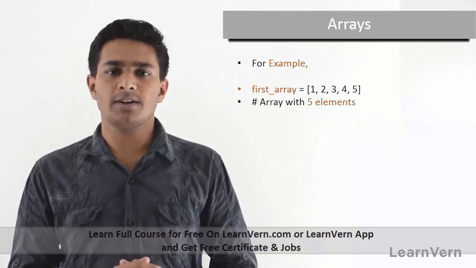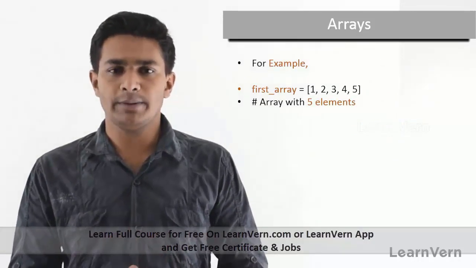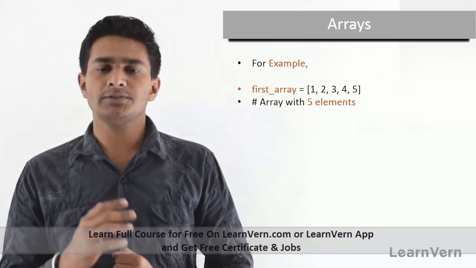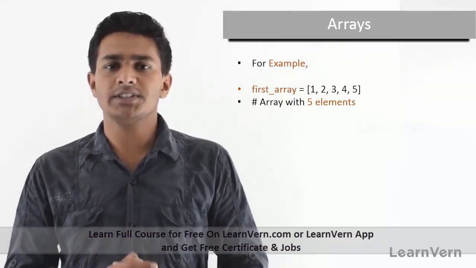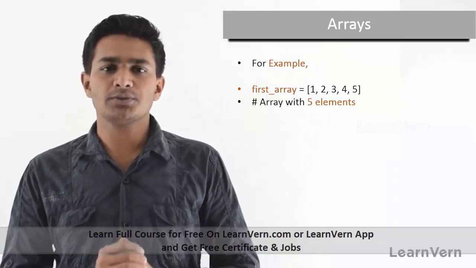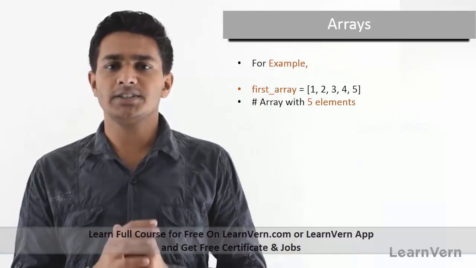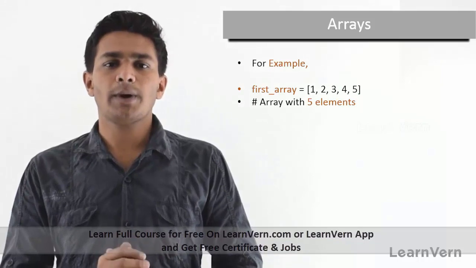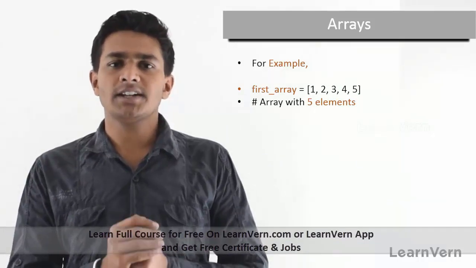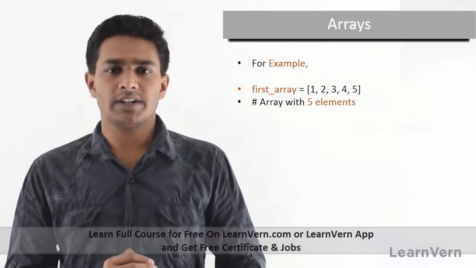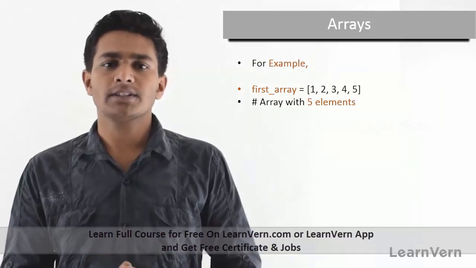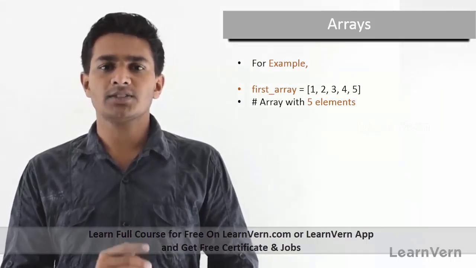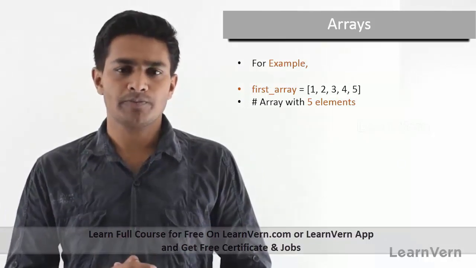In the first example, with 5 elements, I want to access the second element, but its actual index value is 1. So I need to write the variable name and pass the index as an argument in square brackets. For accessing the second value, I need to pass 1 because the index always starts from 0.